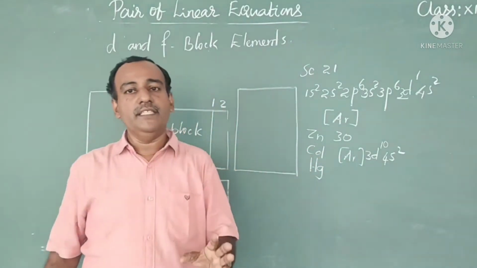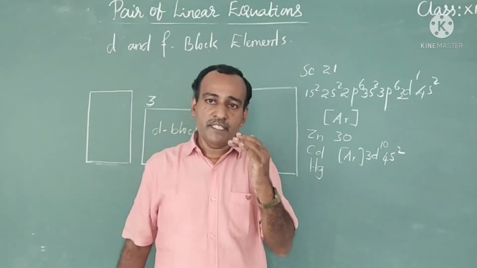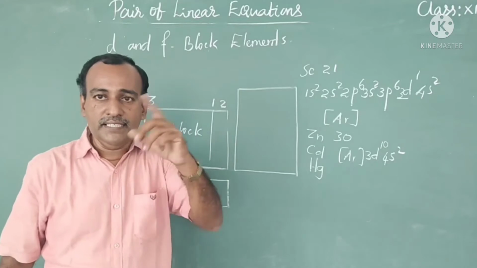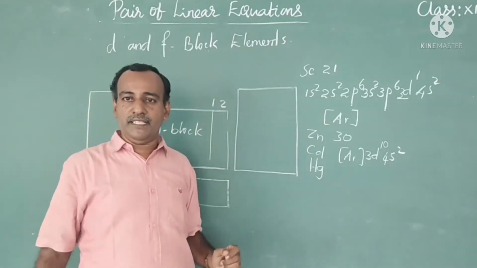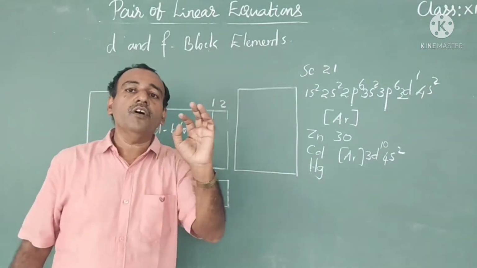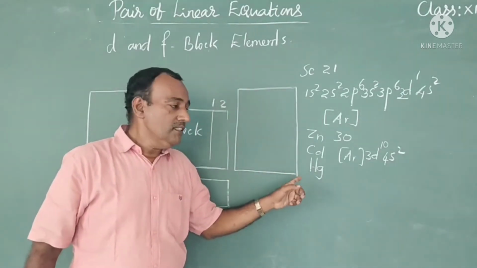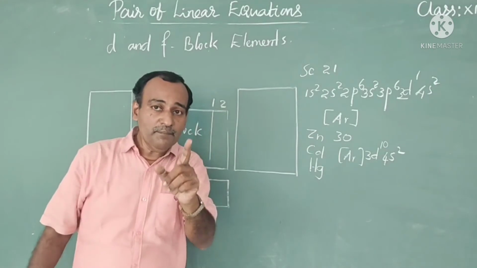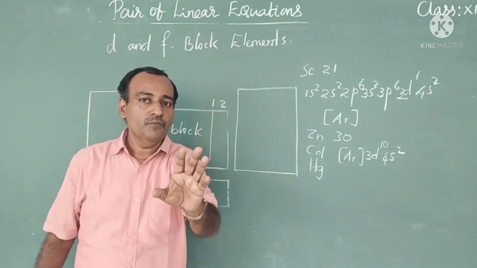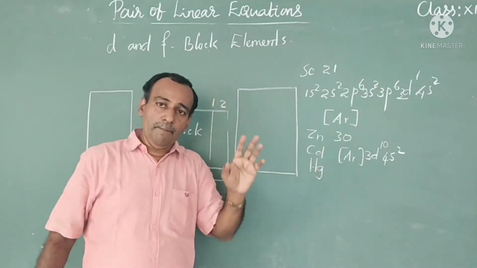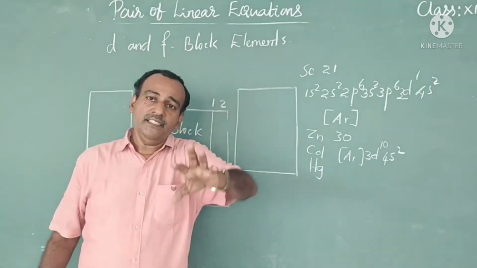As per the definition, the elements which possess partially filled d orbital in the penultimate shell are called D block elements. Then can you call zinc a d block element? No. Why? Because they possess a completely filled d orbital.